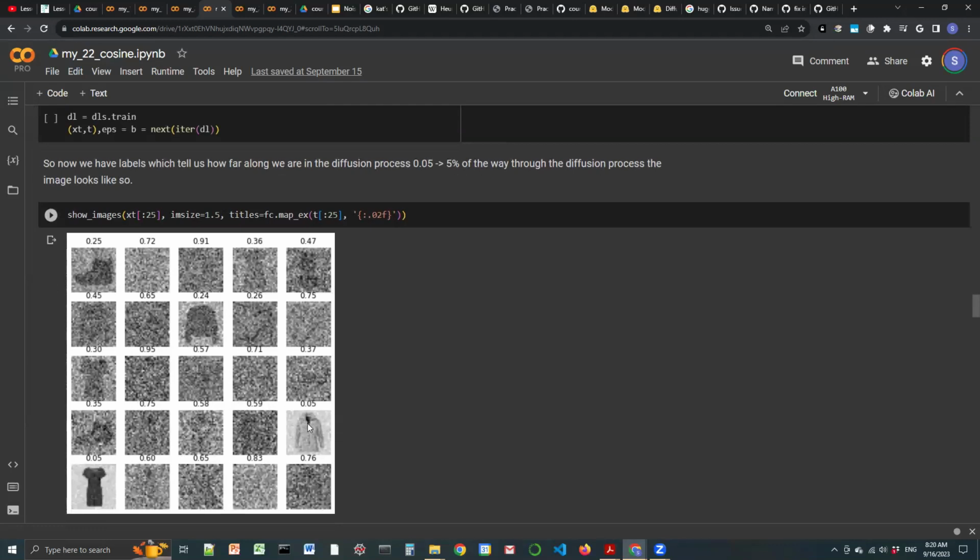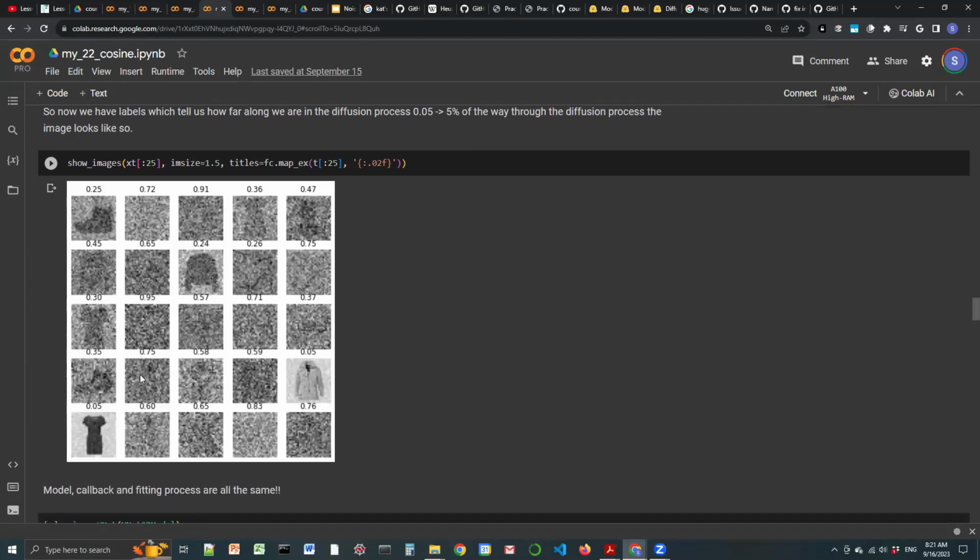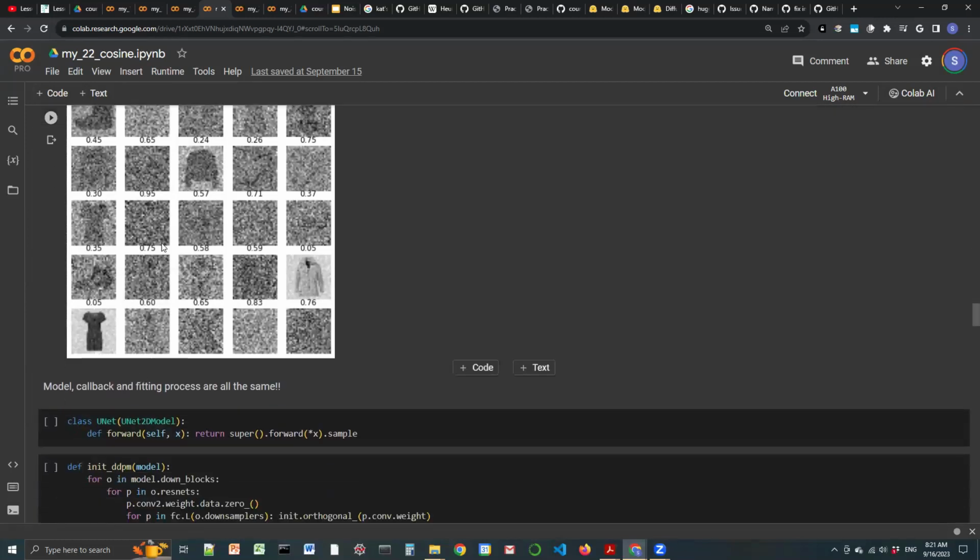You can see that when it's 5% noised, these two images are fairly clear and observable. At 0.25, 0.35, you can still see it. At around 0.75 or even earlier, like 0.65, above 0.45, you can barely see what it has. Even at 0.3, you can see at 0.95, 0.75, 0.65, it's pretty much all noise, right?